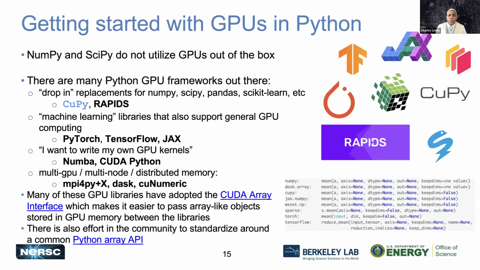And we have distributed memory Python wrappers as well, such as mpi4py, Dask, and cuNumeric. Many of these libraries have adopted the CUDA array interface, so you can pass array-like objects for storage in GPU memory.